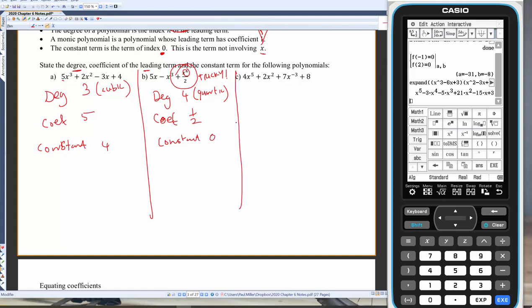All right, now this one here, it's a bit of a trick question. Okay, because see that? That's 7 over x to the 3, which you haven't seen before, but that behaves very similar to a hyperbola.